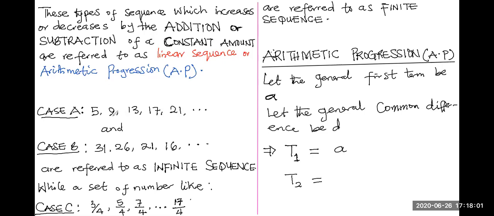When we add the same 4 again to 9, we have 13. So we add the common difference to the first term, which gives us A plus D. So this is the general second term.